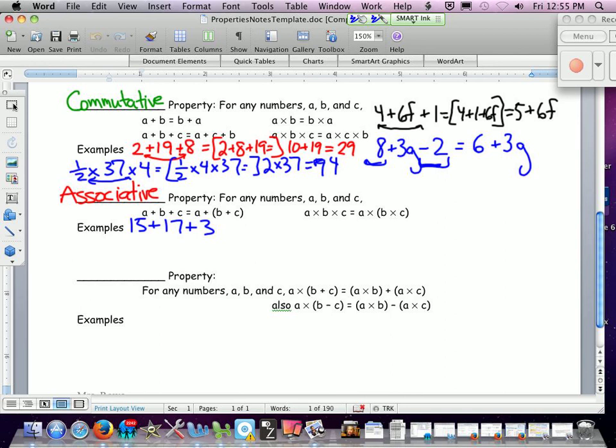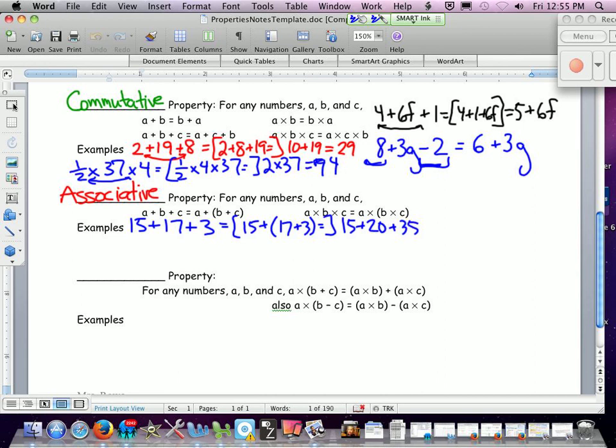But that's not the easiest way to do it. So the book would rewrite it, putting parentheses around that second set of numbers. Who can tell me what 17 plus 3 equals? 20. Because 15 plus 20 is a lot easier to deal with.